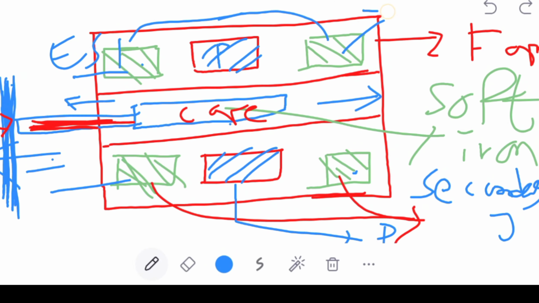Because of the principle of mutual induction, the transformer induces voltage on the secondary. According to the core movement, we can see different positions.